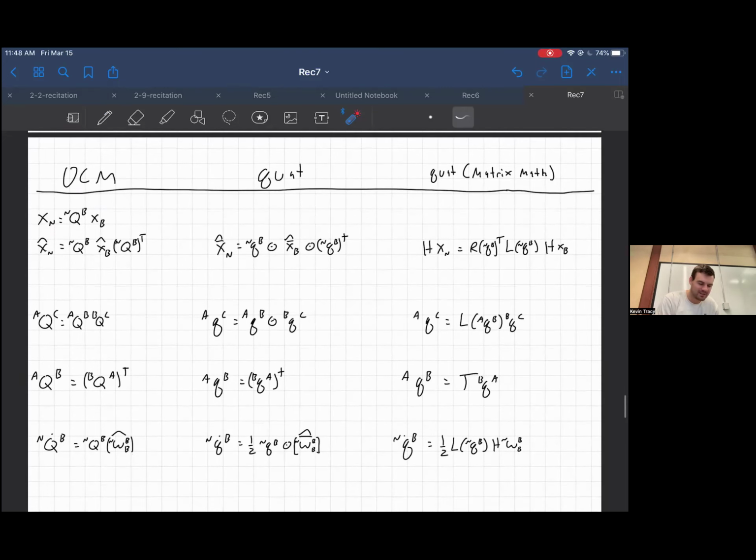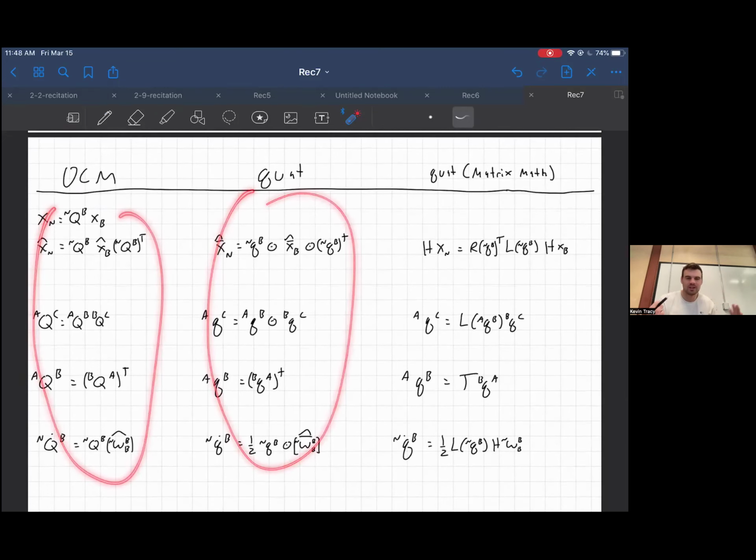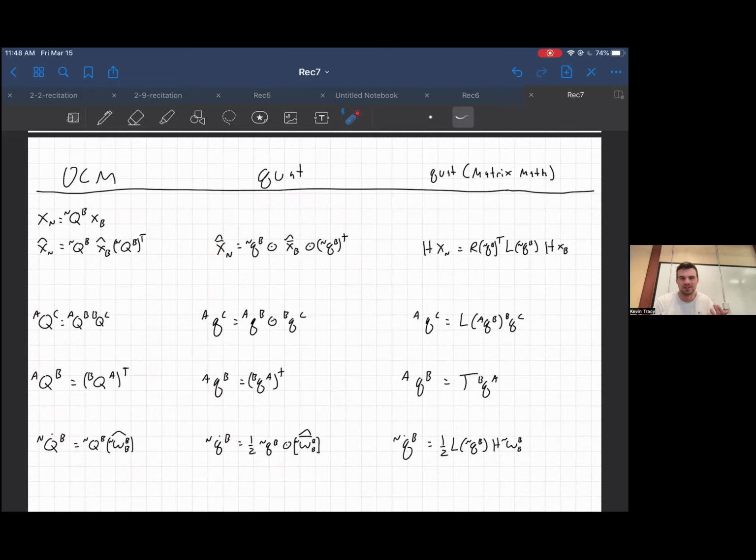But what's nice to see is that between here and here, there's a very strong similarity between everything. Everything we can do with rotation matrices, there's an equivalent version we can do with quaternions. And I think that's one of the main takeaways from at least this class with respect to attitude: all these things are well defined. There are ways to do everything in every parameterization we use, and it's important to always know these things and keep them in mind.